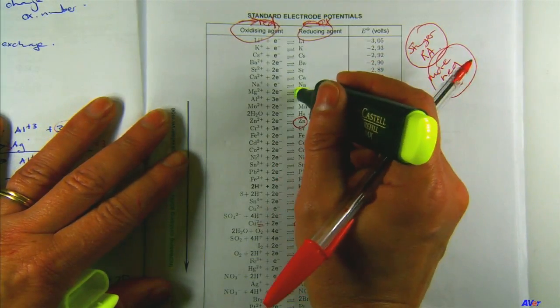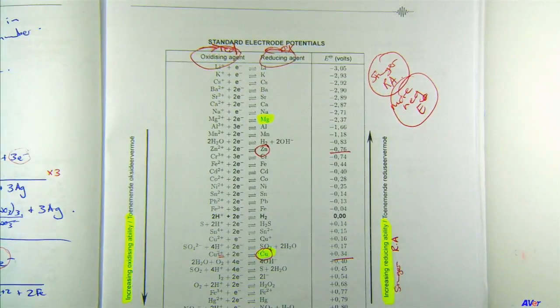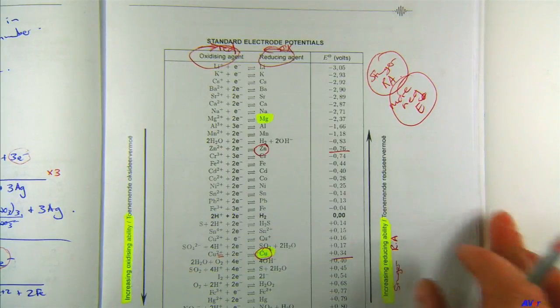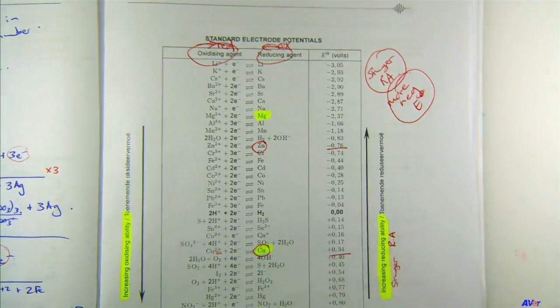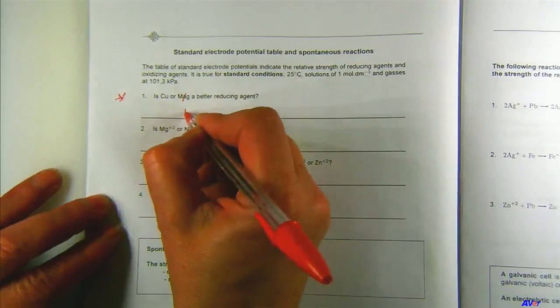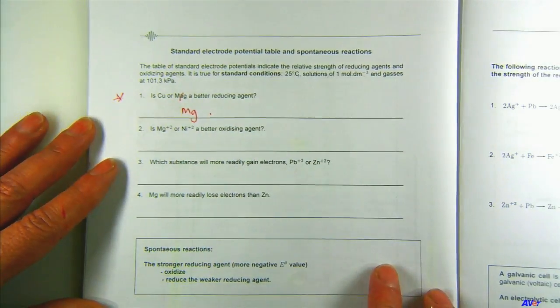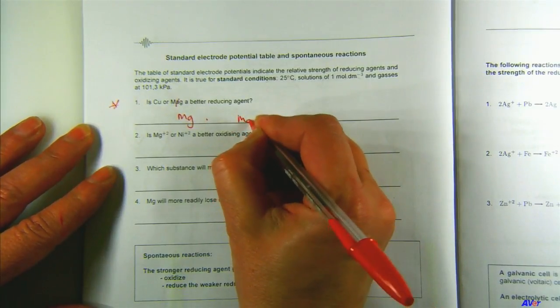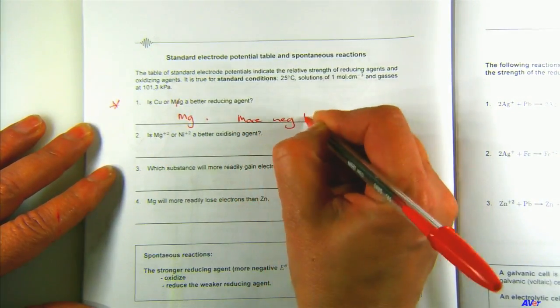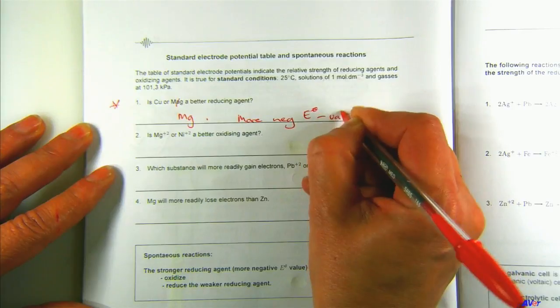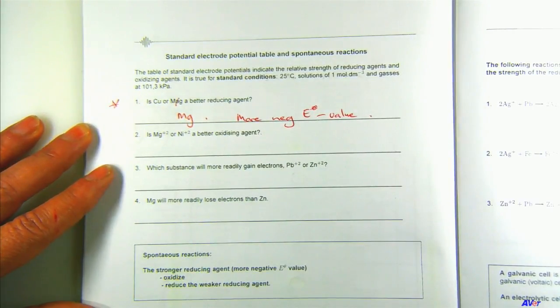Where do you find magnesium? Magnesium over there, copper down there. Who is the stronger reducing agent? Magnesium. And if they ask me for a reason, what will I say? It's got a more negative E0 value.